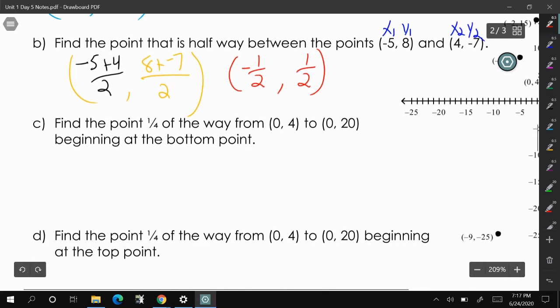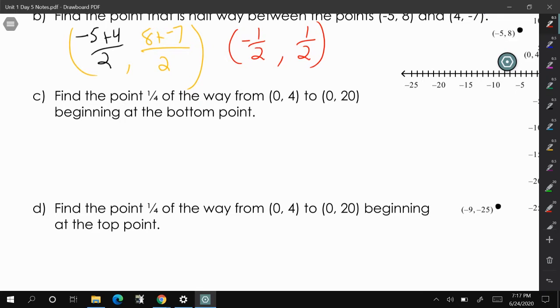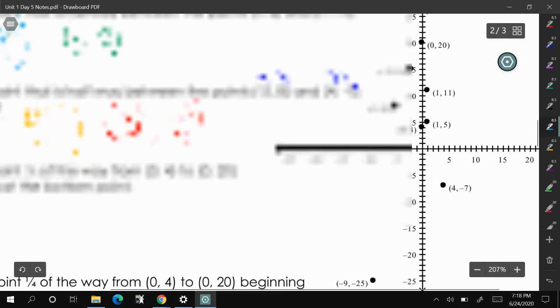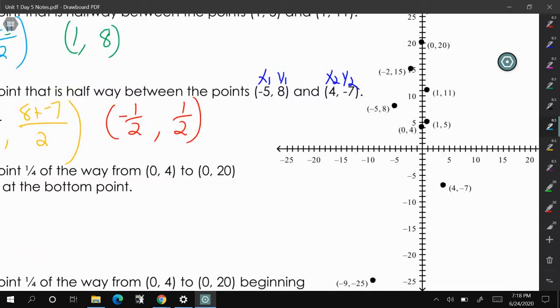Now for C, it says find the point 1/4 of the way from 0, 4 to 0, 20, beginning at the bottom point. So for this one, what I think we should do is say, okay, how long is that segment from 0, 4 to 0, 20? And we have a picture over here to kind of help us out. How long is this segment?